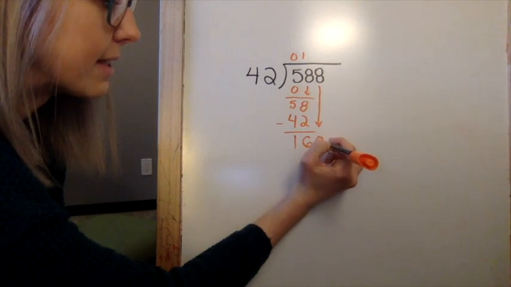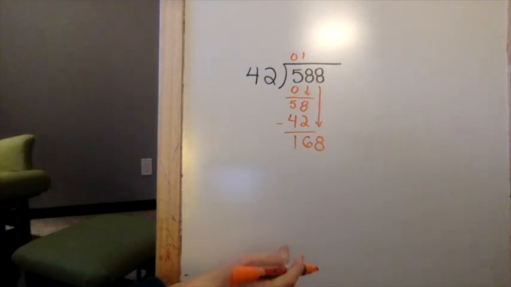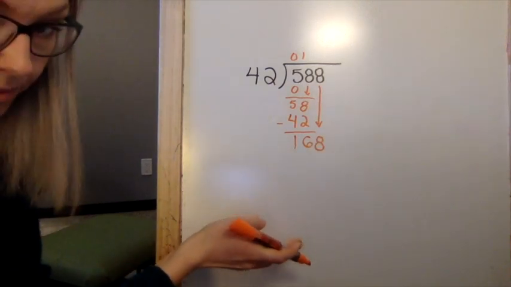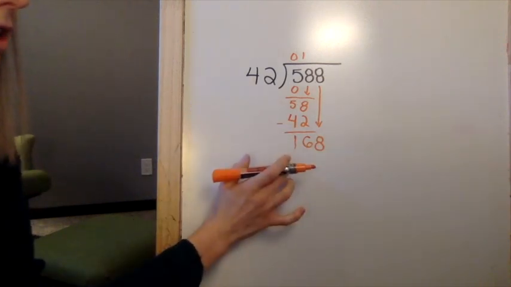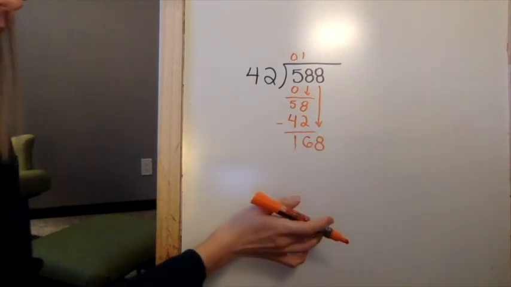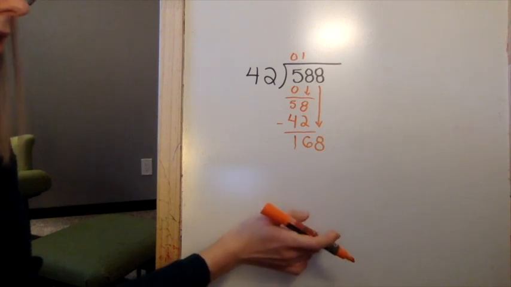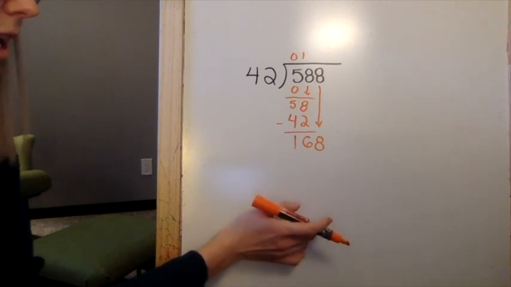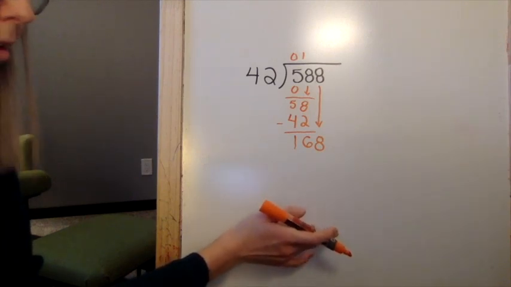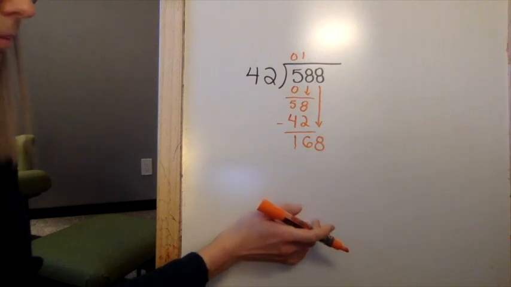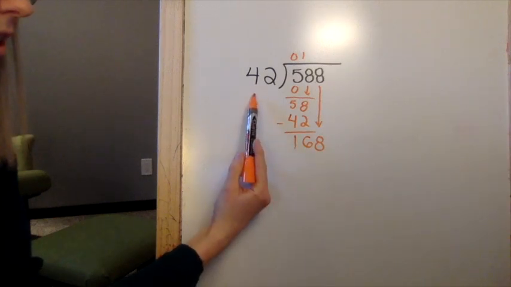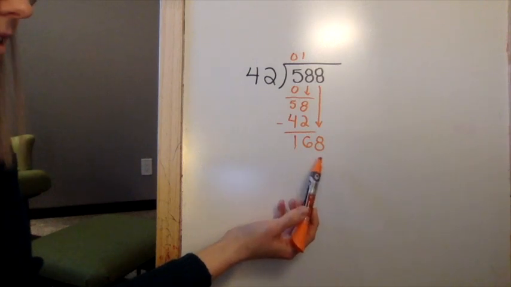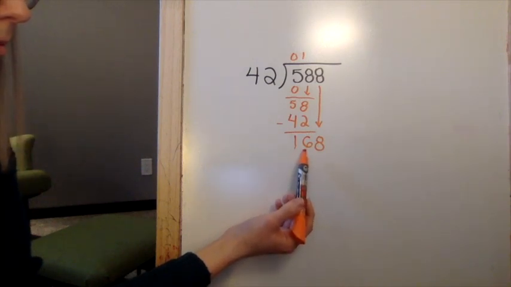Now 168. Now you need to do a little bit of estimation to figure out how many groups of 42 are going to go into 168. So to do this, you could think, okay, 42 is about 50, it's a little bit less than 50. Or we could think multiples of 4.